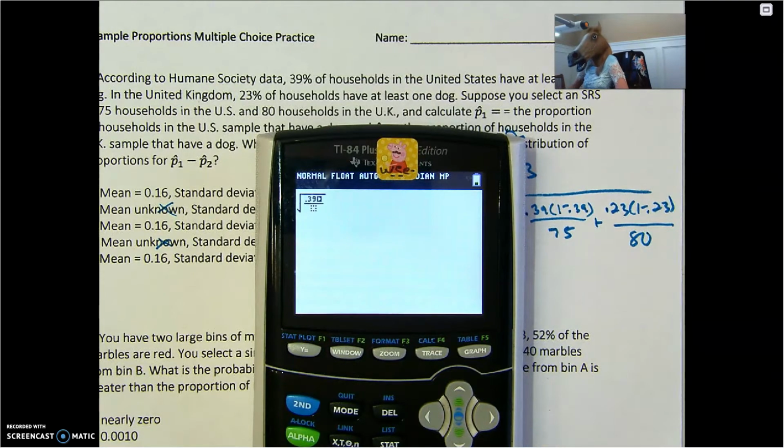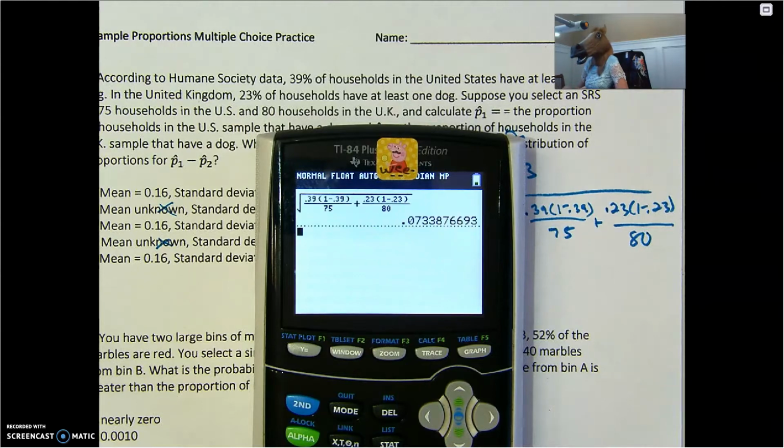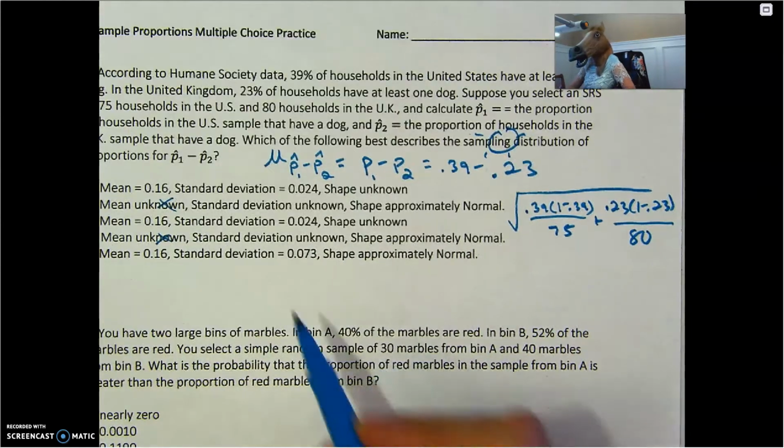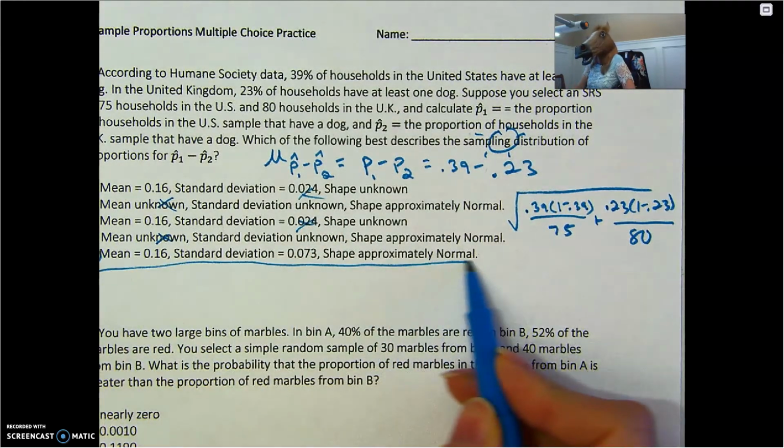So you have 0.39 times 1 minus 0.39 all over 75 plus 0.23 times 1 minus 0.23 all over 80. And there we go. 0.07. So standard deviation, get rid of those. So by default, E wins.